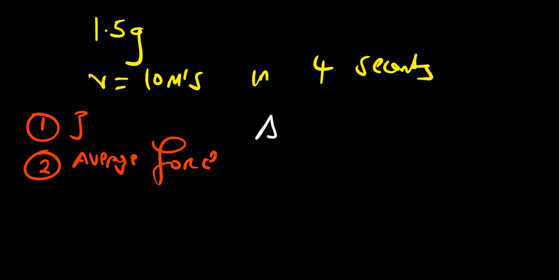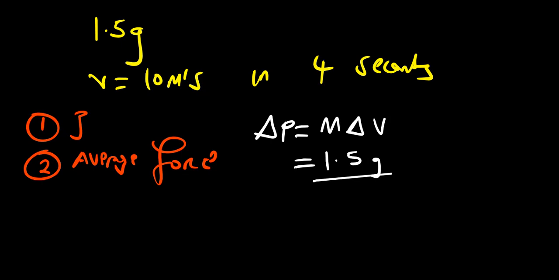You know that the change in momentum is just equal to the mass times the change in velocity. Now the mass in this case is 1.5 grams, so we have to convert our 1.5 grams to kg. The conversion unit is just 1,000, so I'm going to divide by 1,000 to convert it to kgs, multiplied by the change in velocity.